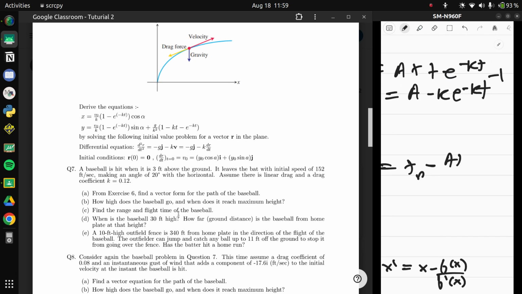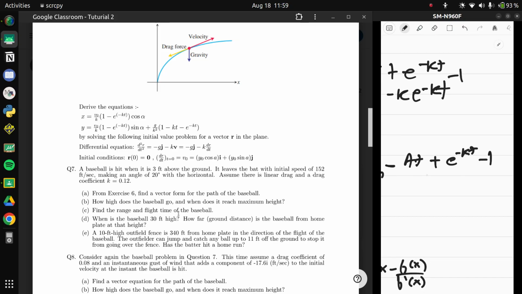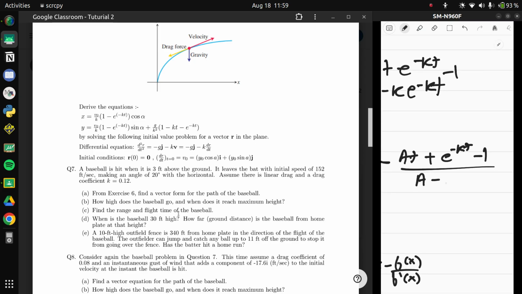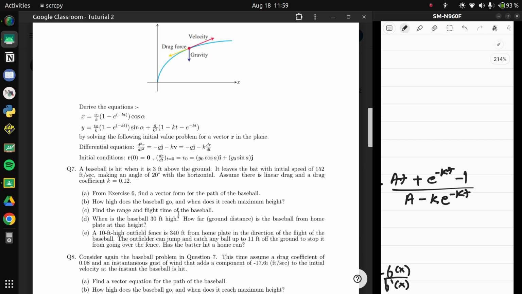But yeah, so it's got at plus e power negative kt minus 1, upon the derivative, which is a minus k e power negative kt. Wow, now this is just really bad, isn't it? But sure, so that's the thing, it's t n over there, right?